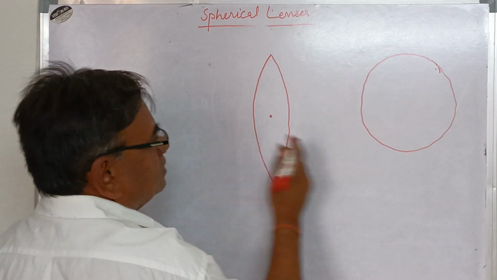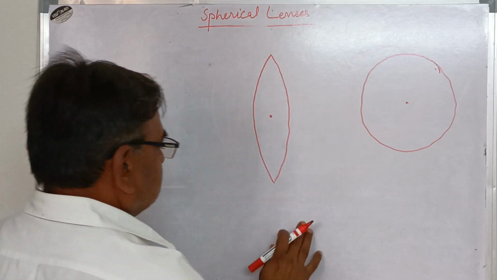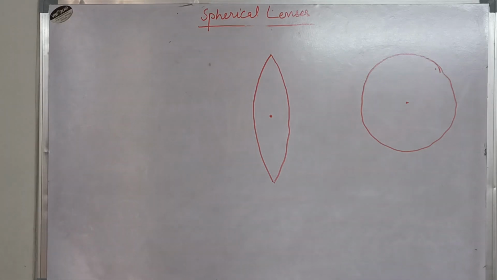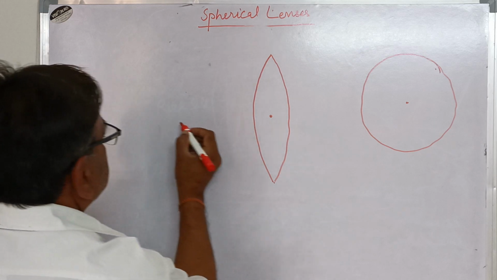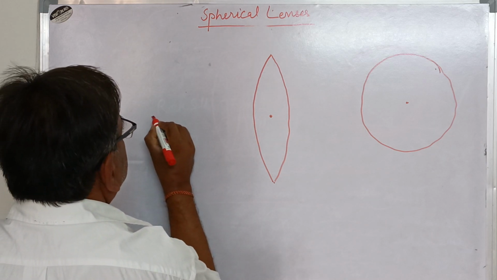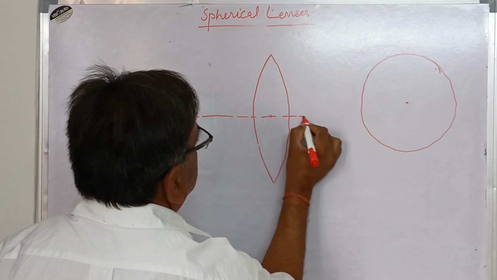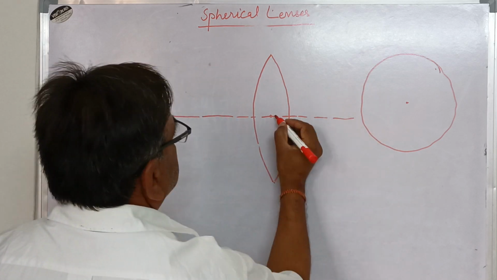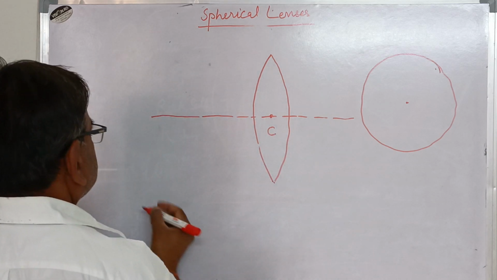If you see from the sides, this will come to this point. If you draw a horizontal line passing from this point, this point is called C, optical center.